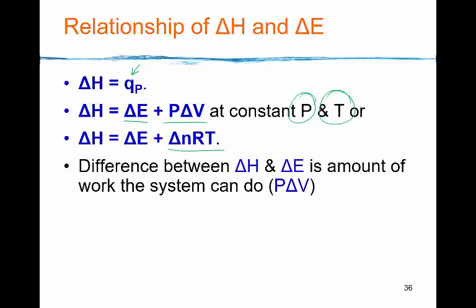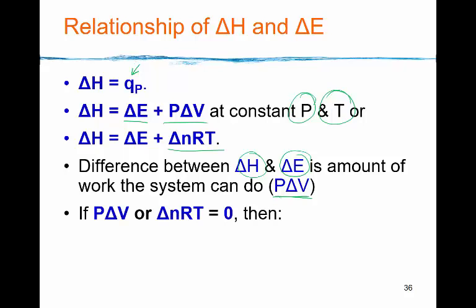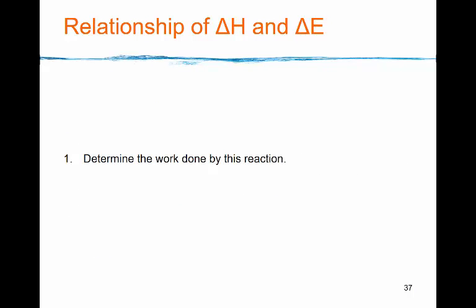So the difference between the change in enthalpy, delta H, and the change in internal energy, delta E, is how much work the system does, which is P delta V. How hard you have to push to change the volume. Now, if those two things are zero, then delta H equals delta E. So if you keep enough things constant, the enthalpy change and the change in internal energy can be the same.